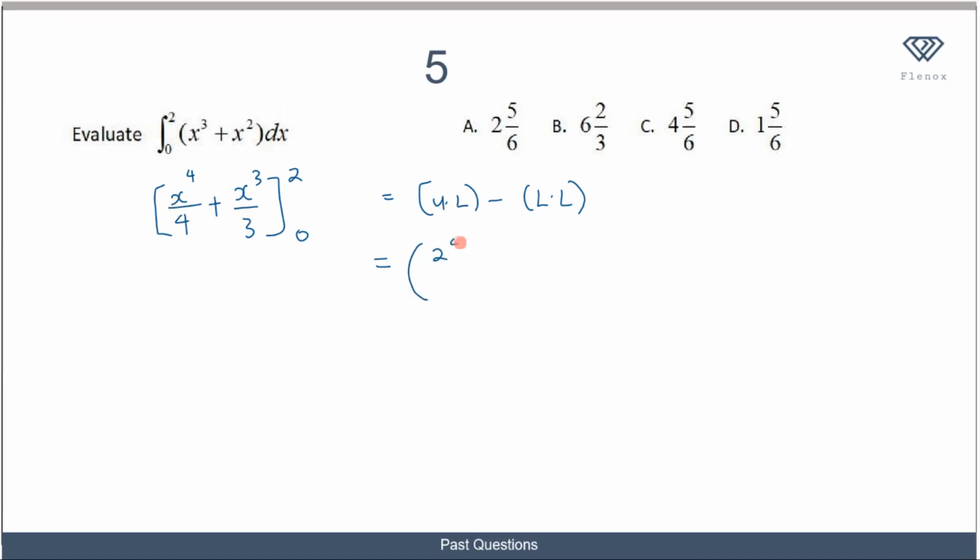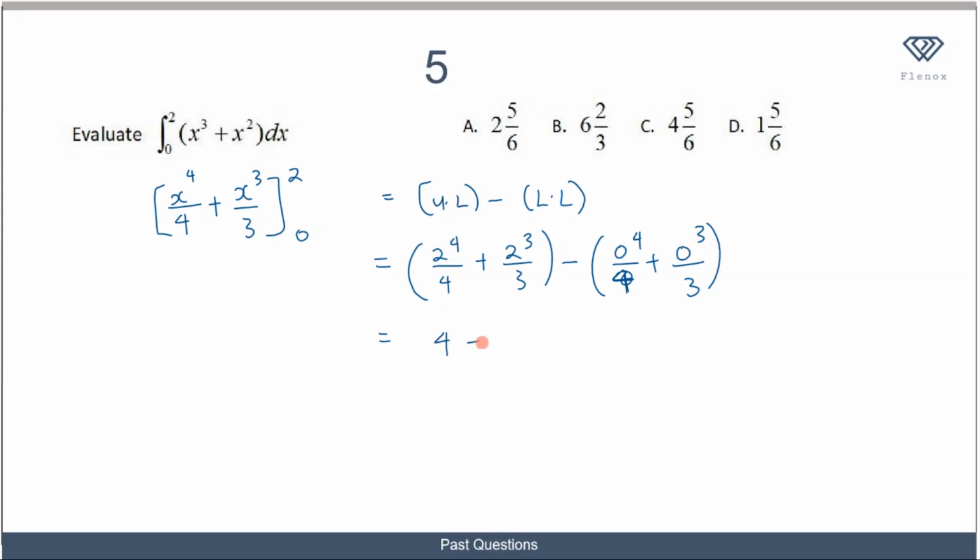So I have 2 raised to the power 4 over 4 plus 2 raised to the power 3 over 3, then minus my lower limit. For my lower limit, the x value is 0. So I replace x with 0 over here: 0 raised to the power 4 over 4 plus 0 raised to the power 3 over 3. So what does that become? 2 raised to the power 4 is 16. 16 divided by 4 is 4.